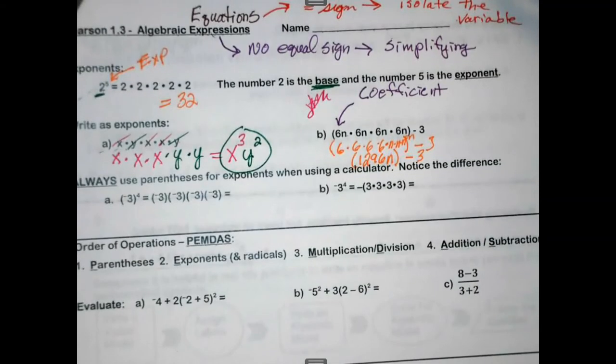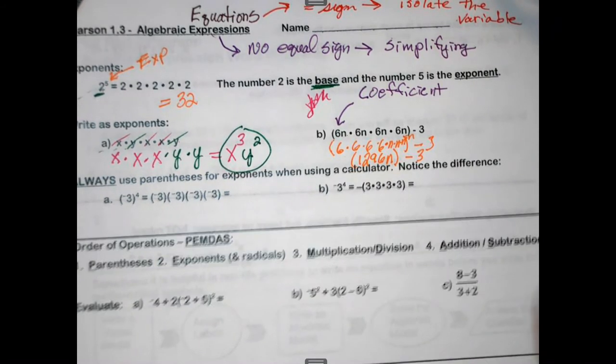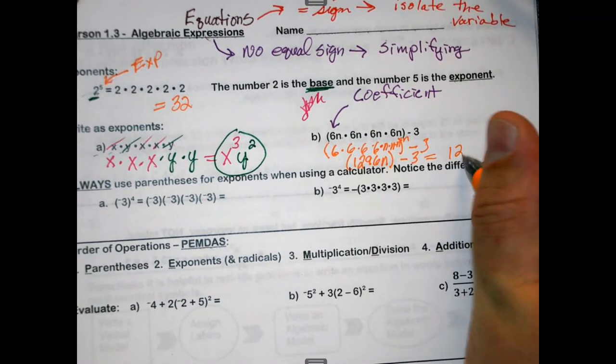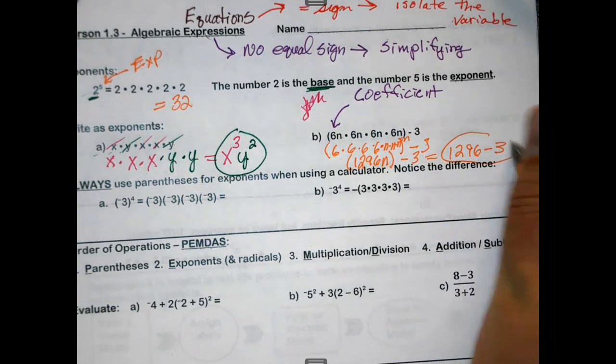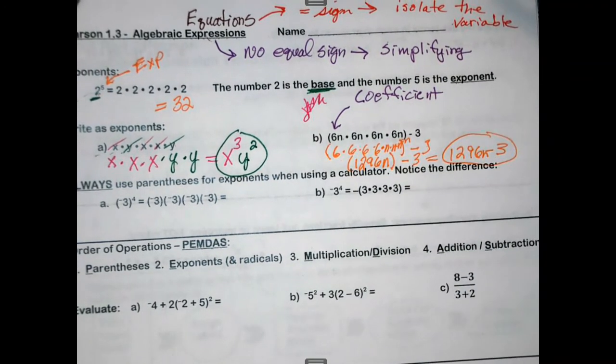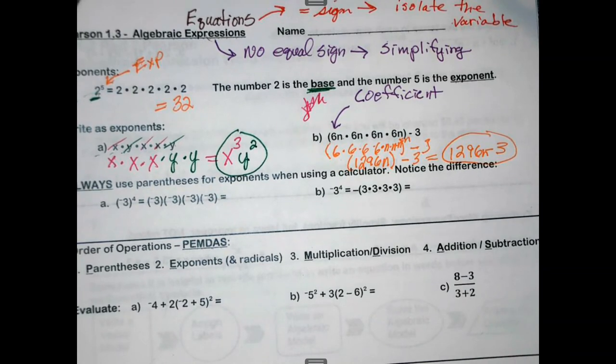They're unlike terms, right? I cannot subtract 3 from the 1296. 1296 has an n to it. Okay? This is my answer. This is simplified. This expression is simplified. I cannot combine these two terms. All right, familiar now with that?